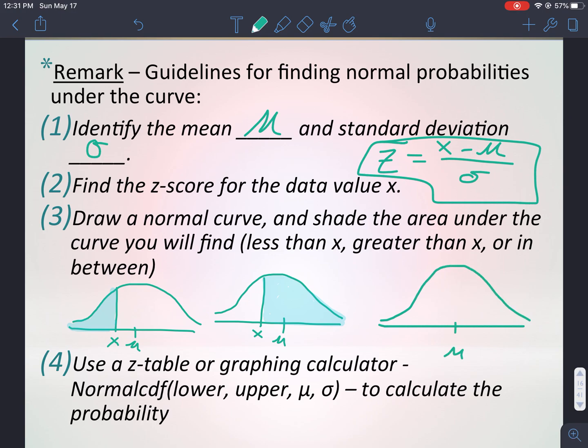Here's my mean, some value x1 and some value x2. Find the shaded region between the 2 values. Remember that these shaded regions correspond to area underneath a curve, as well as percentages and probabilities.